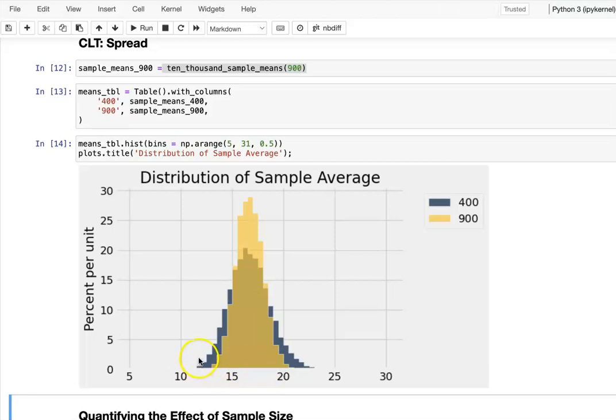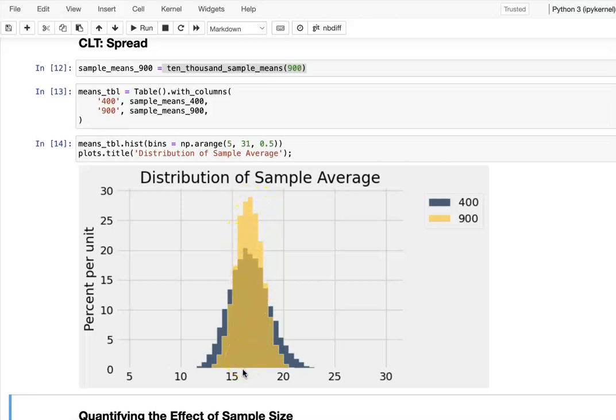And you can see both of these distributions are close to the bell curve, right? Because they kind of have the bell curve shape, they are smooth, and they are symmetric.